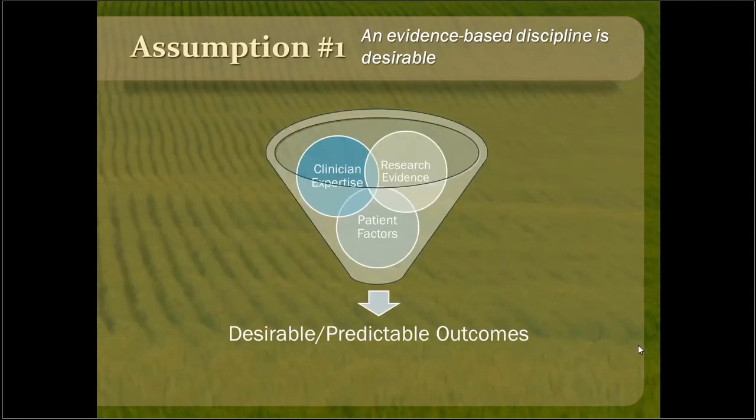And again, I would remind you the evidence-based model that we're working with for this presentation today is looking at that research evidence combined with patient factors, which include things like the patient expectations, values, and also how well the intervention matches up with the needs of the patient, and also looking at the clinician's expertise and their skill with being a musician and executing the intervention, and also building a therapeutic alliance with the client.